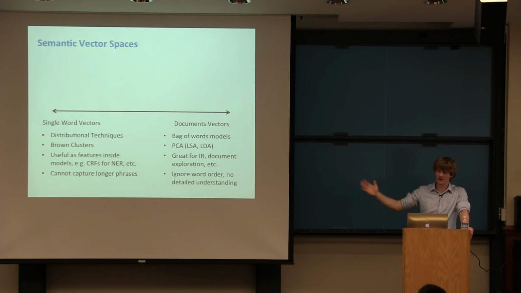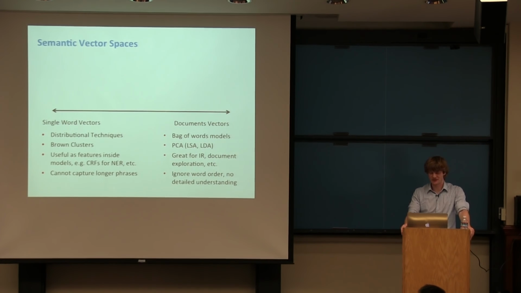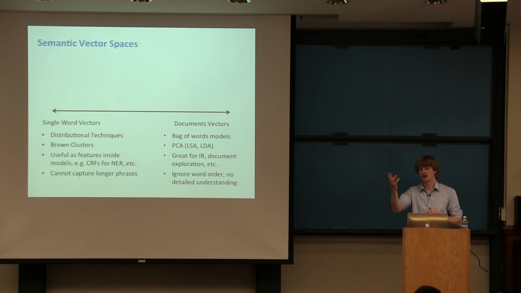And then there are a lot of other models that are very widely used, such as bag of words models or the PCA-based models that we discovered for document representations. And those are reasonably good for information retrieval, where we just want to find specific documents that mention specific phrases. Or document exploration, where we just want to know whether these documents are roughly about politics or sports or things like that.